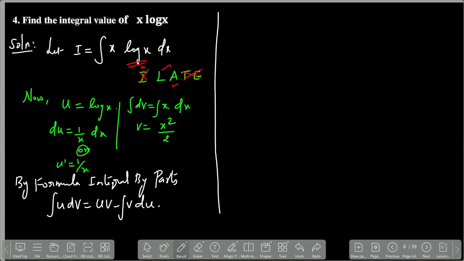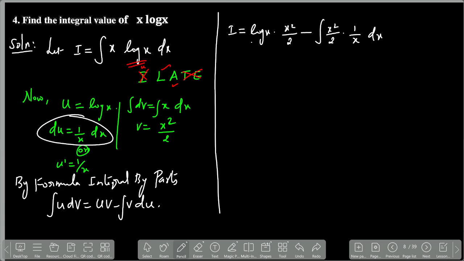I equals, what is the u value? Log x, correct? And v equals x squared by 2, minus the integral of v, x squared by 2, into du. That is u dash equal to 1 by x into dx. Any doubt? This is du, correct? 1 by x into dx.